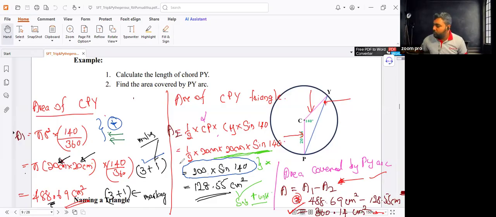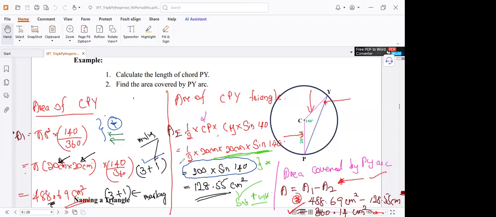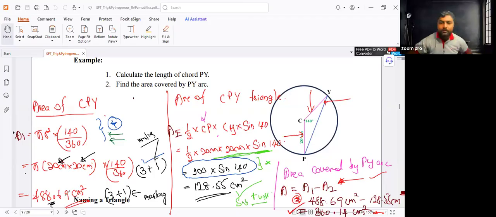When we are moving it, the marking is this easy. Let me know if you are finished. Yes, sir. Done.